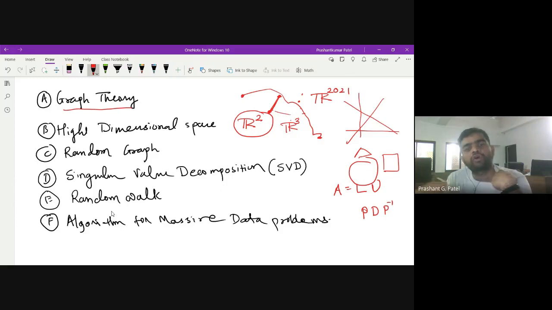To do the prediction, one can use the random walk. It is very useful for economics. Those who have an economics background, the random walk is very useful for predicting, for example, whether tomorrow will be rainy or not. Maybe one of the ways to predict that exists in random walk.